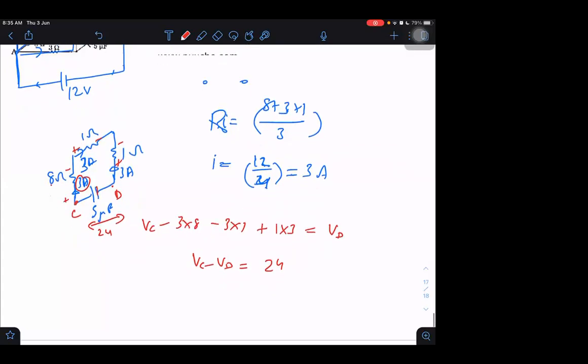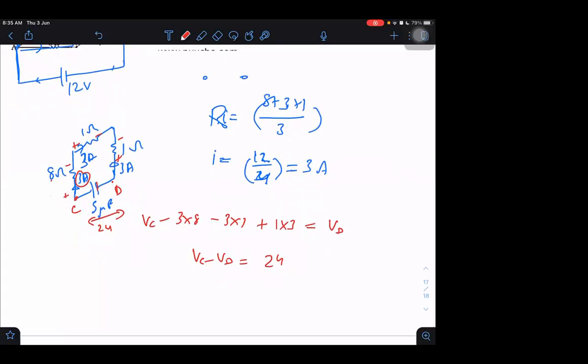The capacitance here is 5 microfarad. Charge is C times potential difference, 5 times 24, which is 120 microcoulomb. This is how we will do it. Same way for the other cases also. Understood? Try to do the remaining cases.